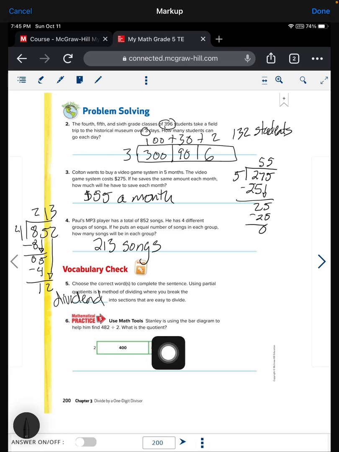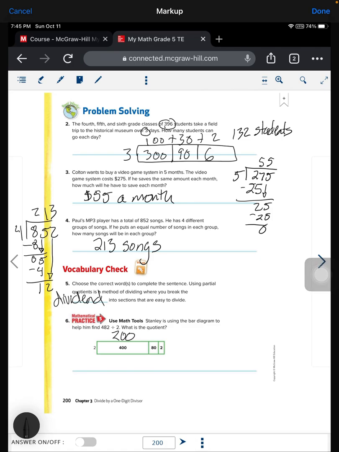Okay, let's do the distributive property. Stanley's using a bar diagram to help him find the answer to 482 divided by 2. What is the quotient? Remember, quotient means answer. So 2 will go into 4 how many times? Twice, and bring the 2 zeros up.